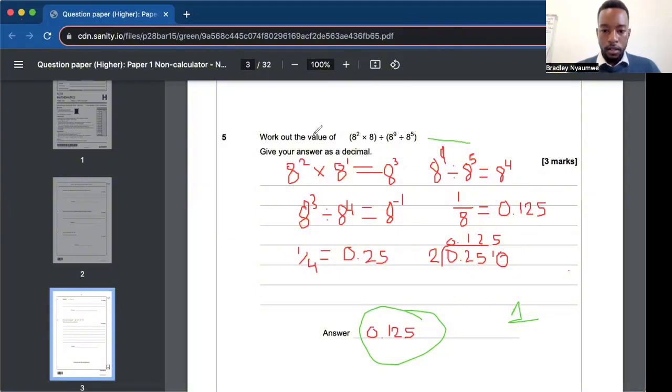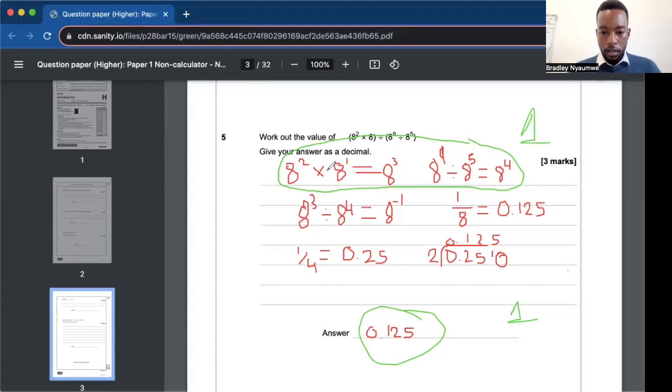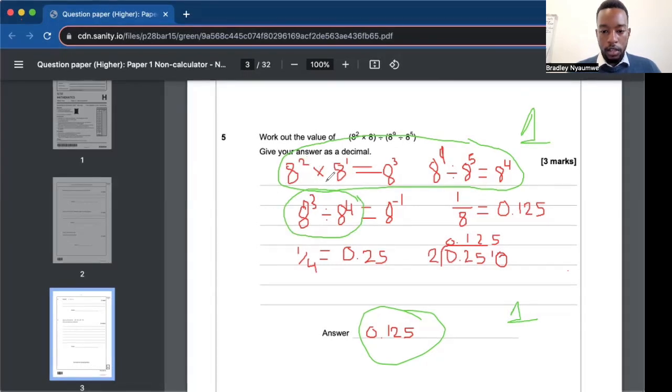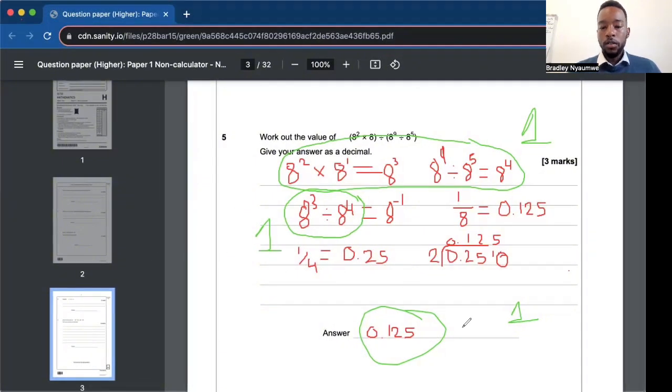This is 1 mark. And this, even without this answer, this is 1 mark. And then obviously the answer is 1 mark also. So that's how you get the 3 marks, and that's how you do the question.